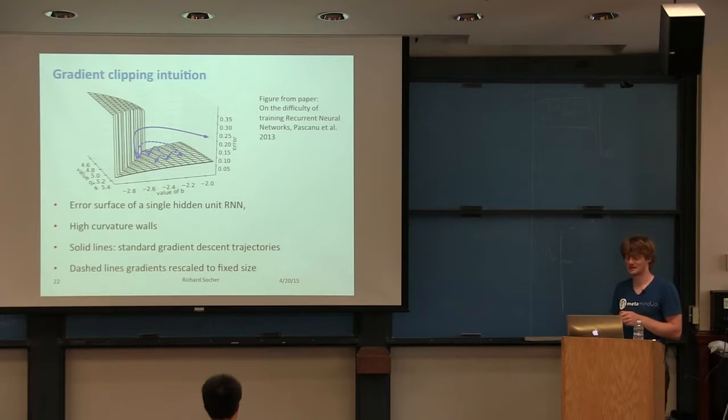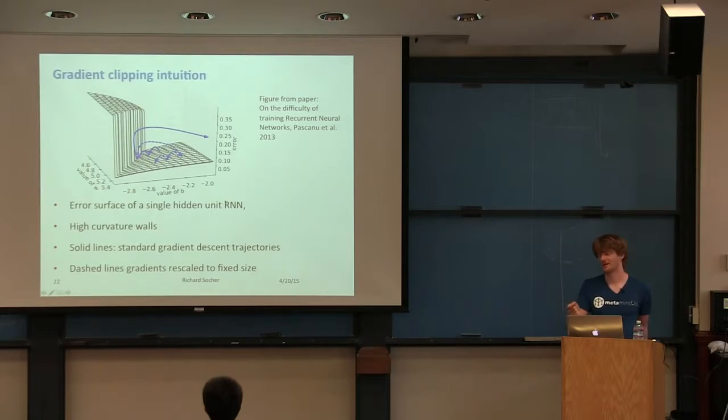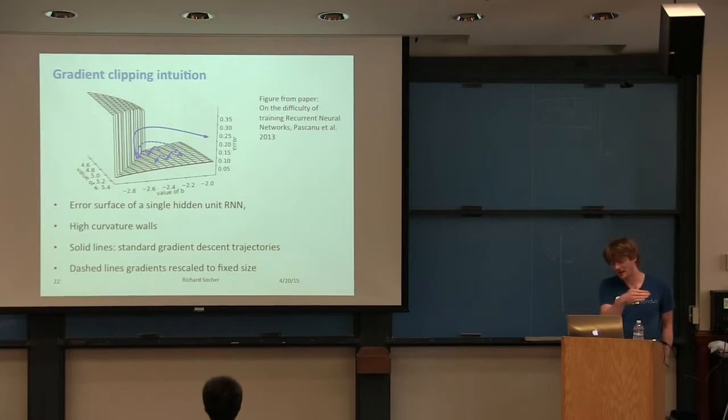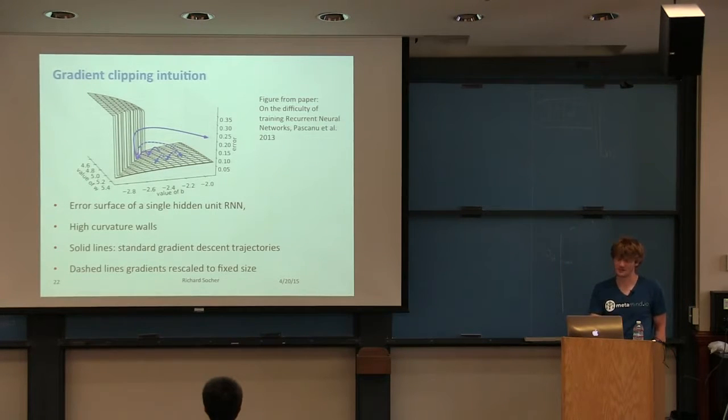You can visualize it and so on, and this is what they did here. So basically, they had a single unit recurrent neural network, but many time steps. And they basically just wanted to predict some output, but it depended on some time steps, many steps before.